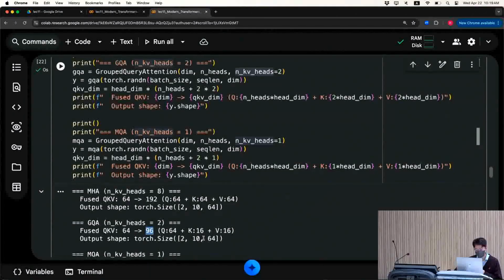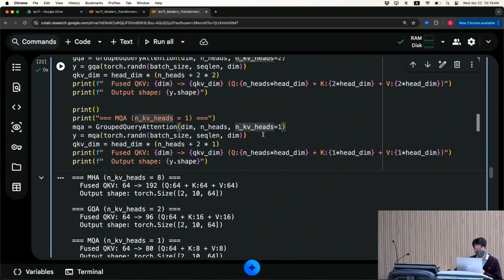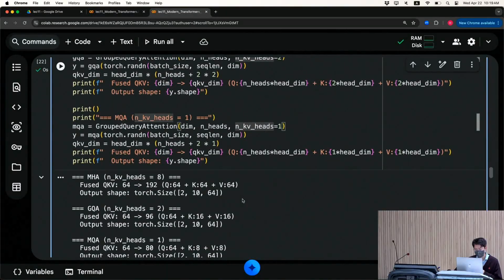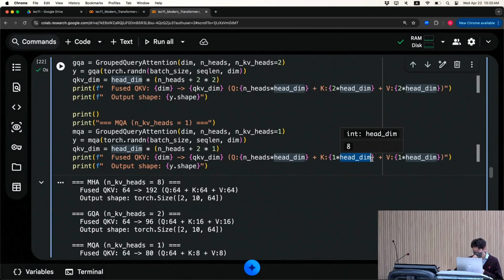Seems correct. And if I set this to 1, then I'm confused. Sounds like this has to be equal to 1. Number of, yeah, right. So here, this is the actual full dimension, not the number of heads.